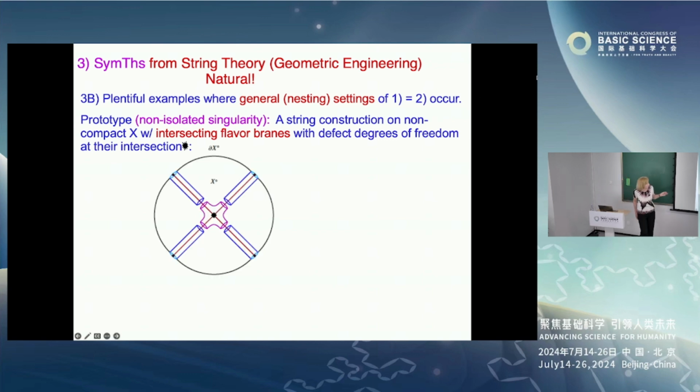And this is the well-beloved example of intersecting flavor branes on non-compact space. If we are talking about flavor branes, because they wrap these non-compact cycles, they intersect in the interior and produce the defect degrees of freedom at this intersection.